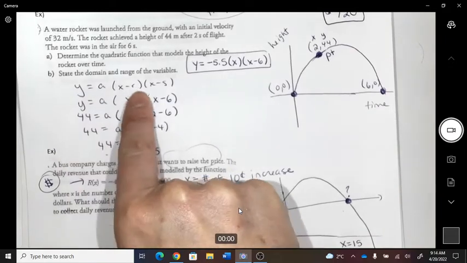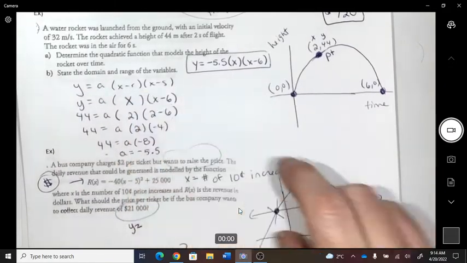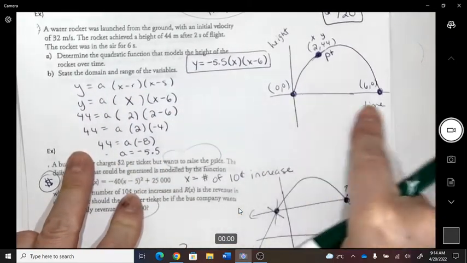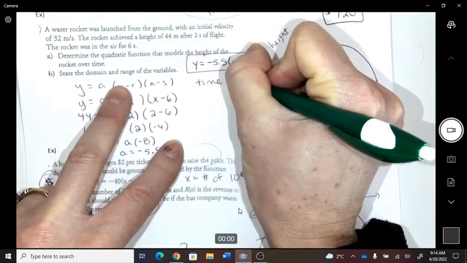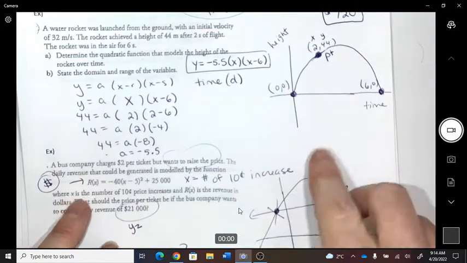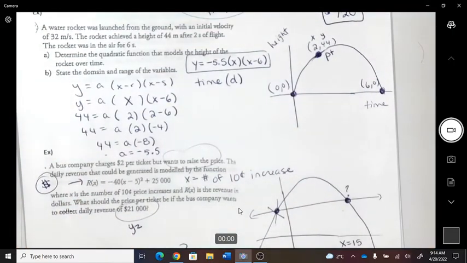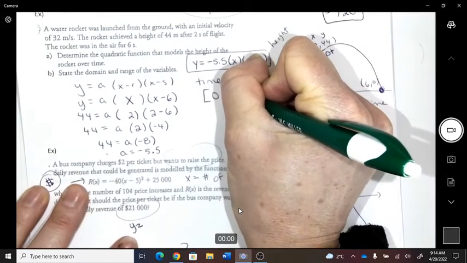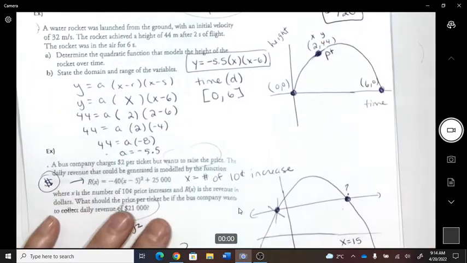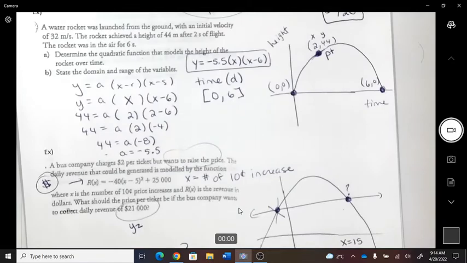Okay, state the domain and the range of the variables. Well, with what we already had, what's the domain for time? Time can go from what to what? 0 seconds to 6 seconds. That's the domain.